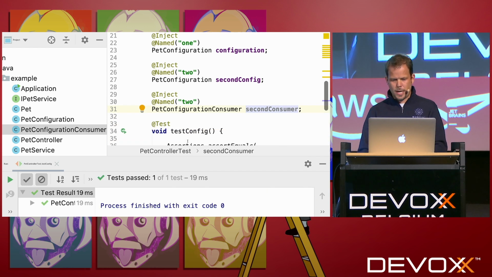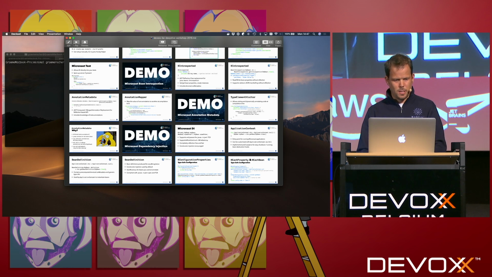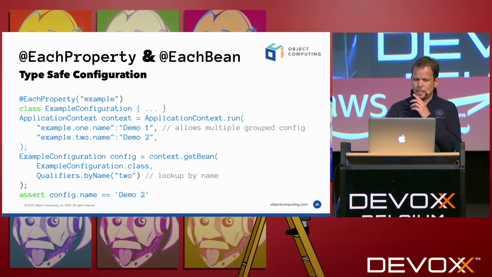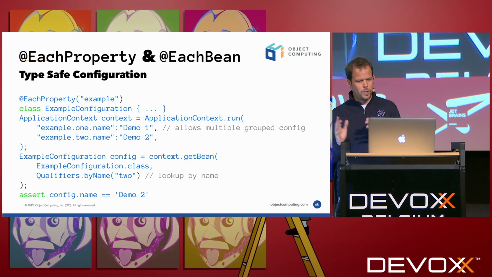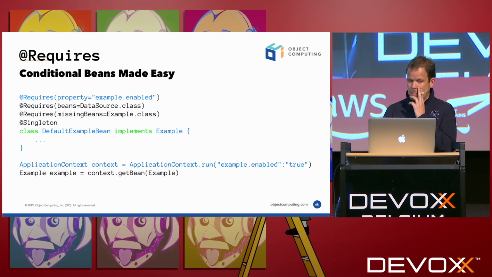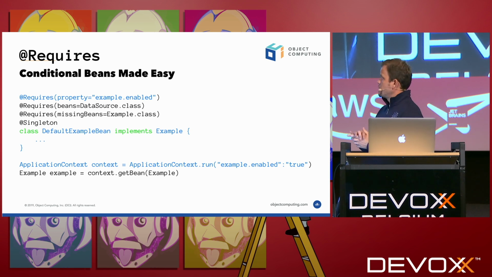Okay, so that's @ConfigurationProperties, @EachProperty and @EachBean, which are really cool for getting type safe config and binding them from your application classes. I demonstrated as well the use of @Requires. @Requires is really flexible.